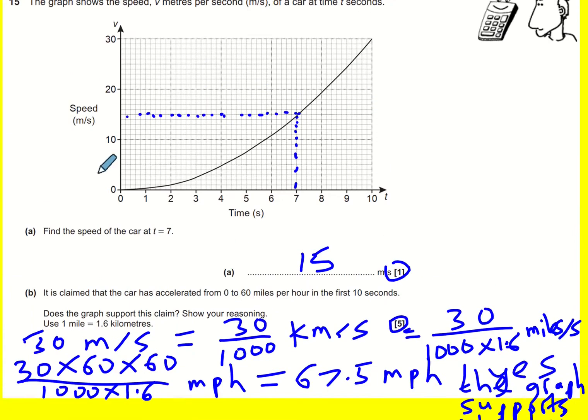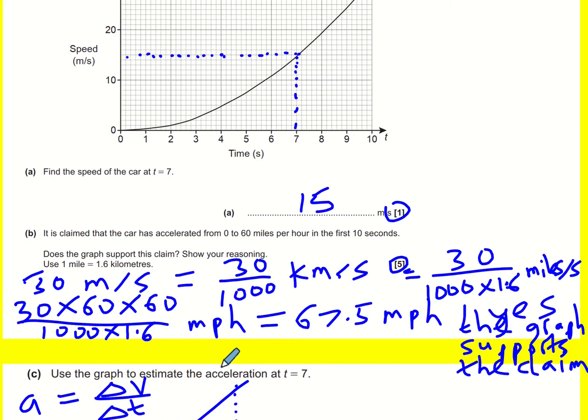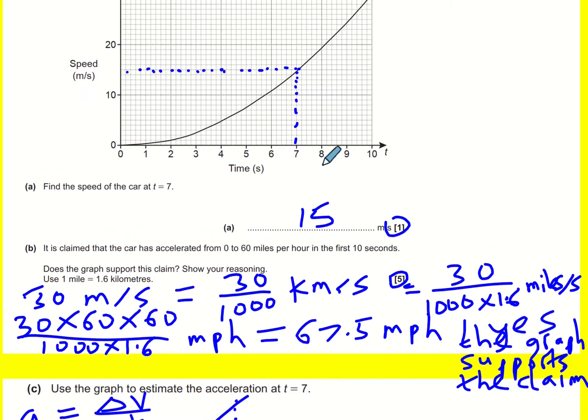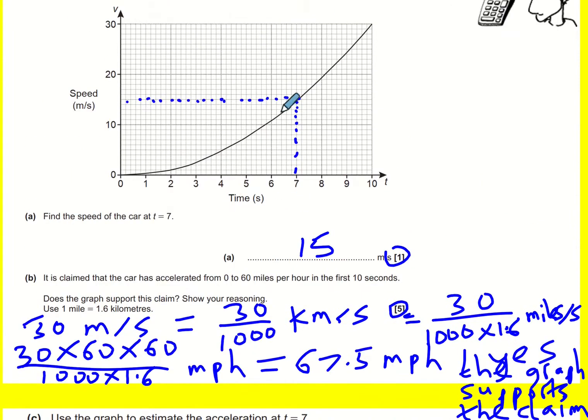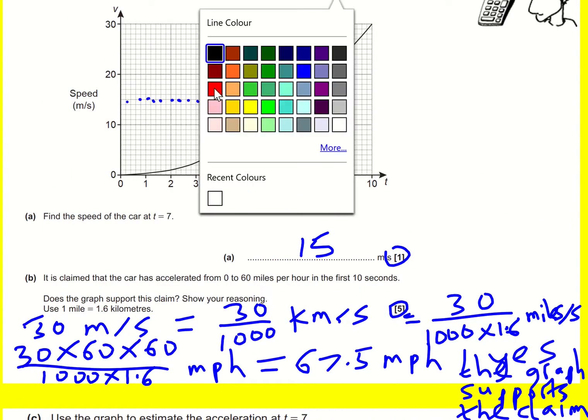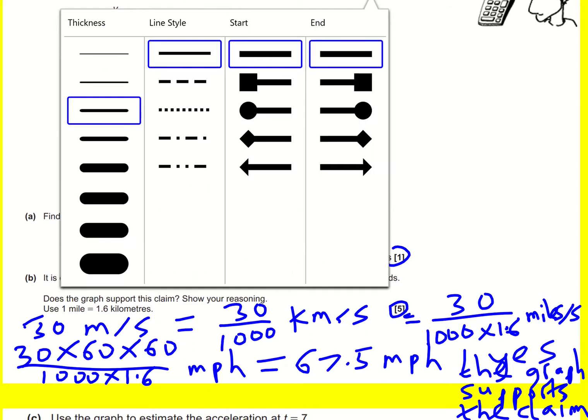Here, the acceleration is changing as we go along, and we just want the instantaneous acceleration at t equals 7. So what we have to do is create a straight line. We have to draw a tangent to this curve and then read off of that. So let's give this a go.